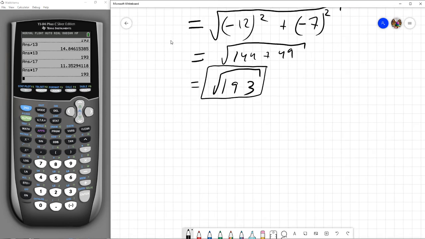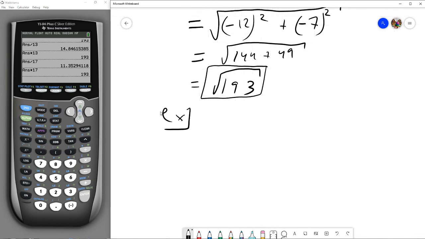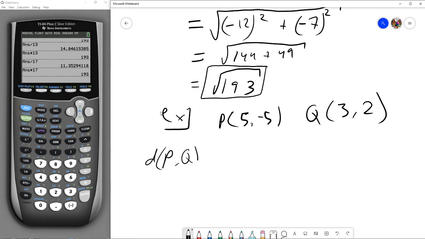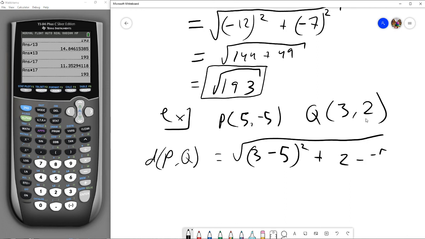Let's go ahead and do another example. Suppose we have the values 5, negative 5, and 3, comma 2. So the distance from P to Q, we want the square root, then we think x2, so that's the 3, minus x1, that's the 5, that quantity has to be squared, then plus, now we have the 2 minus negative 5, and that quantity is squared.